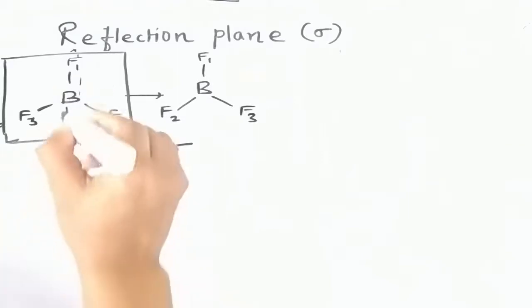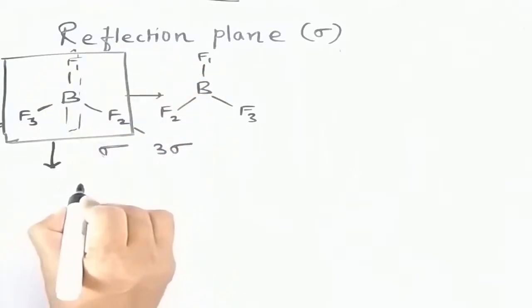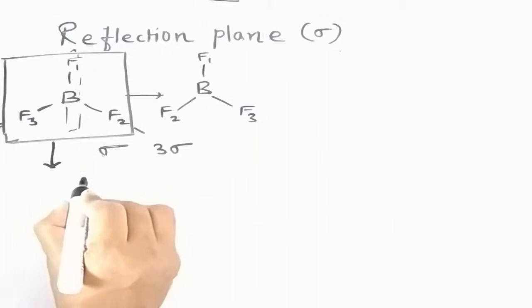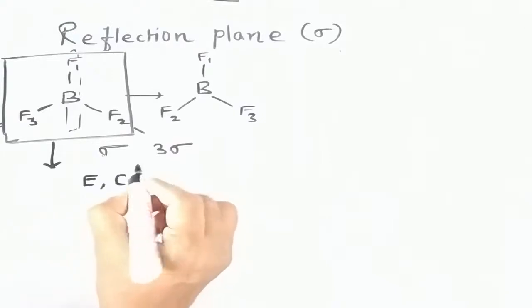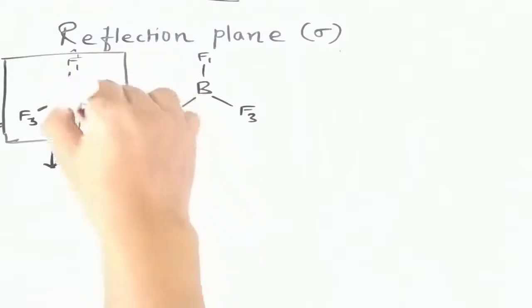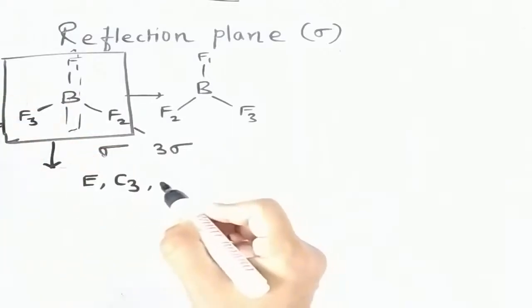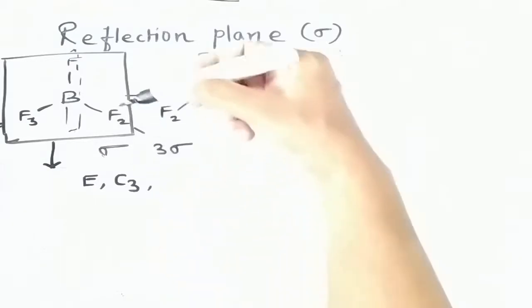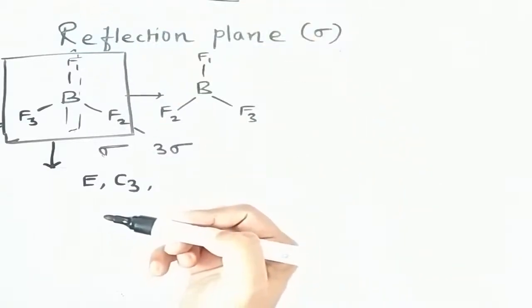So which are those? This is a C3. So BF3 contains one E and one C3 principal axis. I will tell you how it becomes a principal axis. Another axis is present along the BF3 bond. If I hold BF3 and rotate it by 180 degrees, I will get the same molecule.